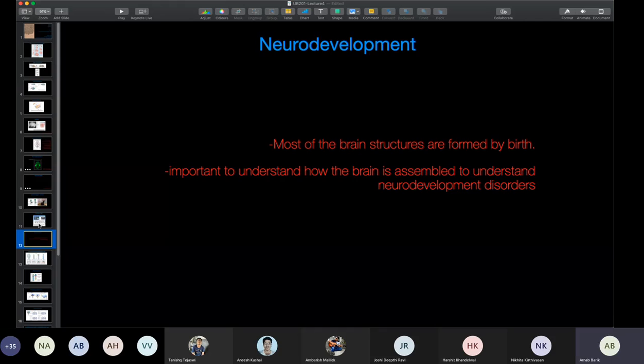So neurodevelopment is basically how the brain and the nervous system develop in the embryonic stage, when the baby is in the mother's womb. And as you know, neurons are post-mitotic cells, and they don't go through cell division in adulthood.